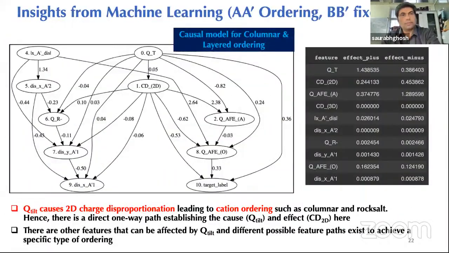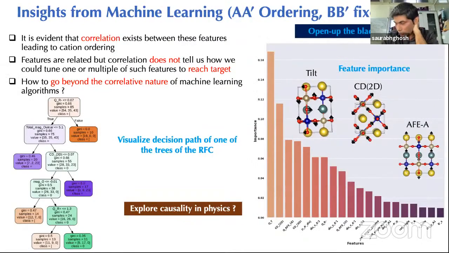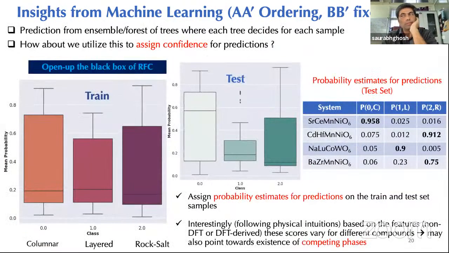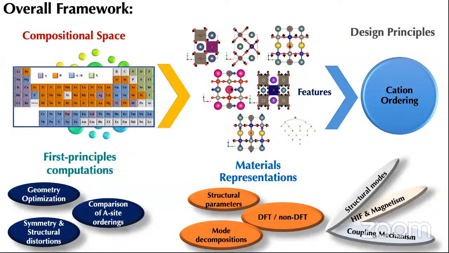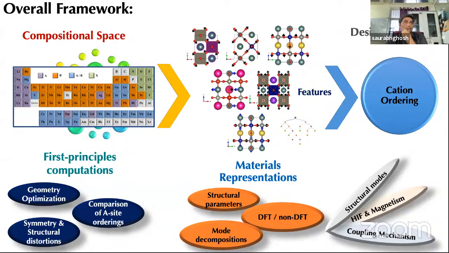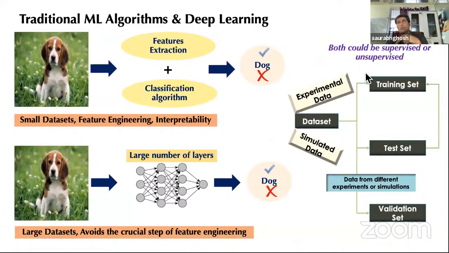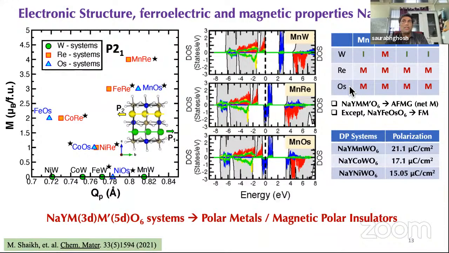So how does the cation ordering or disorder affect your final electronic properties? Final electronic properties meaning the electronic or magnetic structure. This is the 3d-5d system, and we considered 12 compounds: manganese, iron, cobalt, nickel, and tungsten, rhenium, osmium.